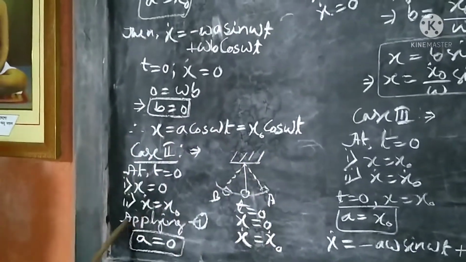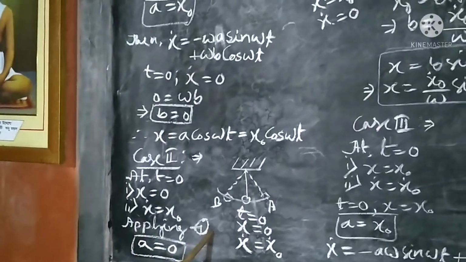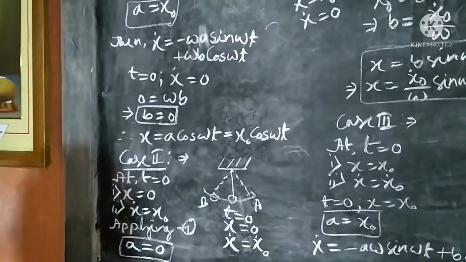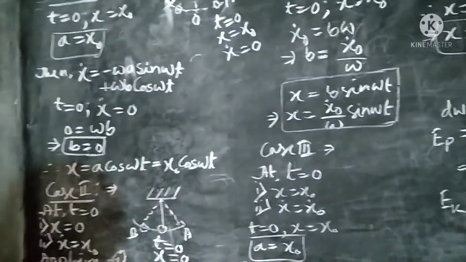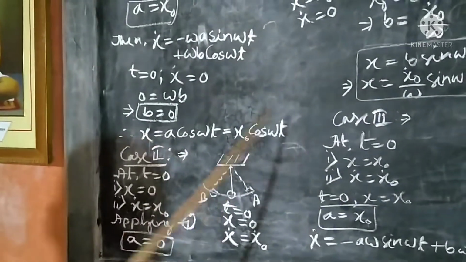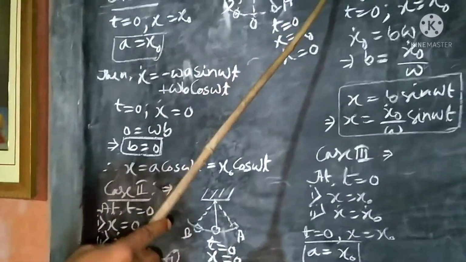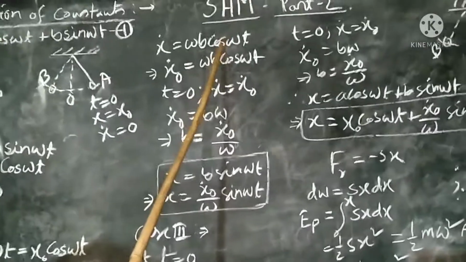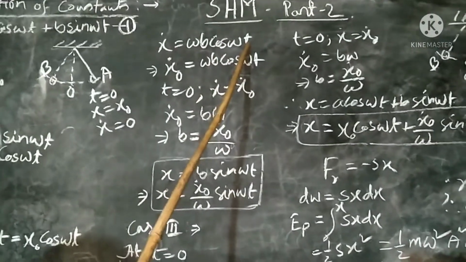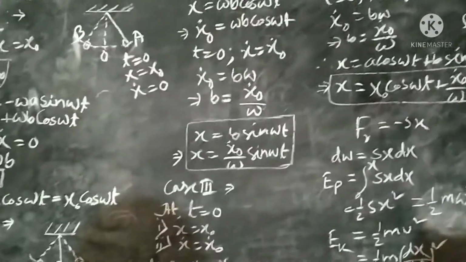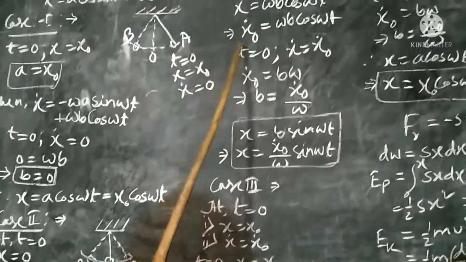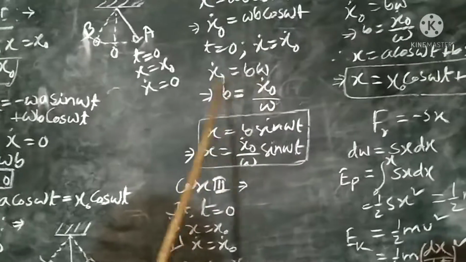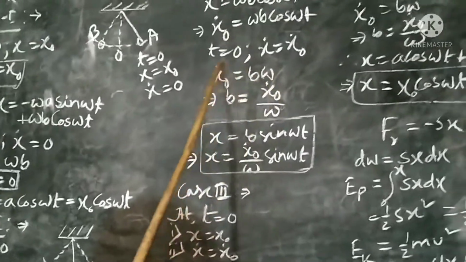Applying boundary condition 1, we get a equal to 0, and then putting this value in equation 1, we get x dot equal to omega b cos omega t. Then applying boundary condition 2, at t equal to 0, x dot equal to x dot 0, we get b omega equal to x dot 0.